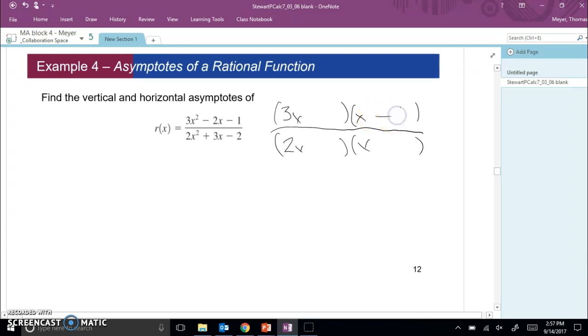I think we're going to have -1 and +1 here, and then +2 here and -1 here. So if you'll notice, the vertical asymptotes of this function will occur when the denominator equals 0. So this factor right here would come to the solution of x equals 1/2. That's a vertical asymptote. And this would be x equals -2, another vertical asymptote.